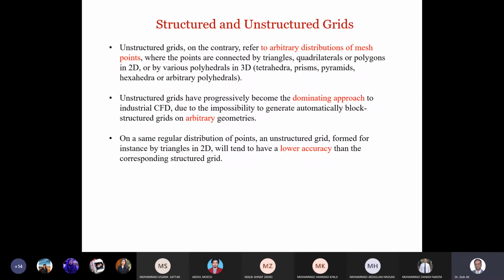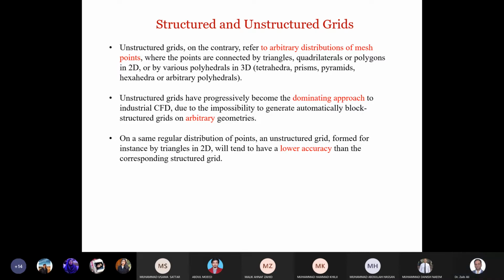It's very easy to split unstructured mesh locally as compared to a structured mesh, because if you split a structured mesh and you want to avoid generation of a hanging node, then you have to split it all the way up to the boundary. Okay? So that will refine the mesh in those areas as well, where we don't need to capture the flow physics more accurately.